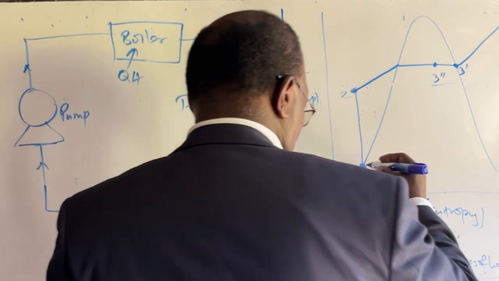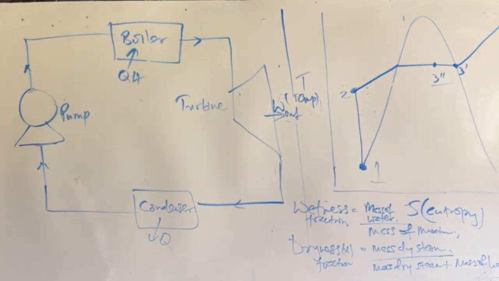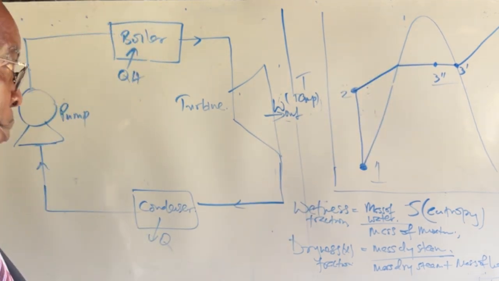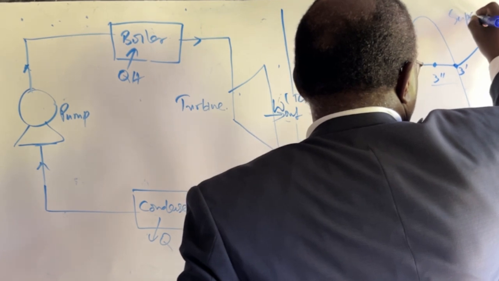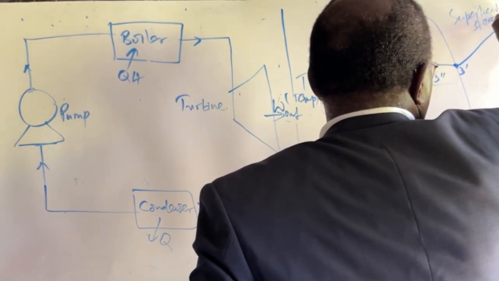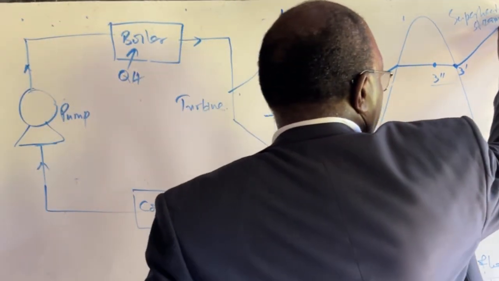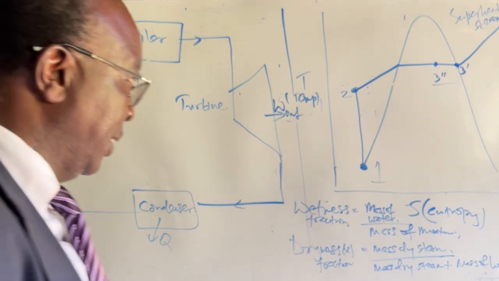And so you have pumped the water from low pressure to high pressure using your pump, which pumps it into the boiler. In the boiler, it is heated up. You could have a superheated steam at state point 3. And then, of course, you will feed it into the turbine.